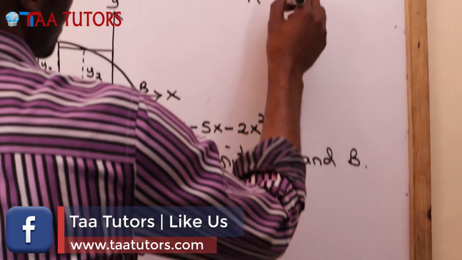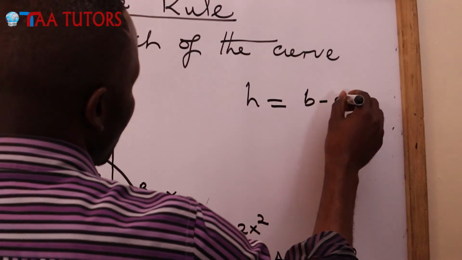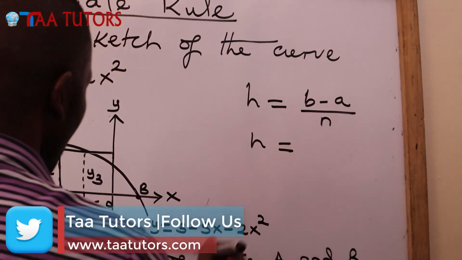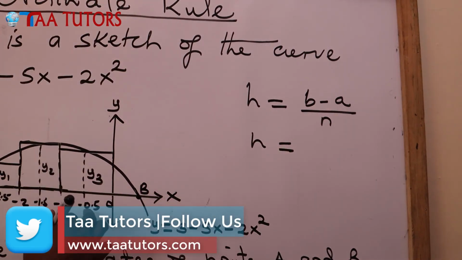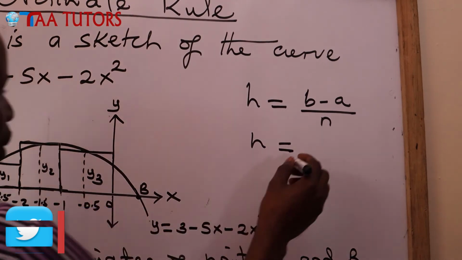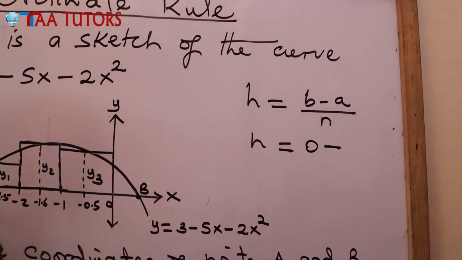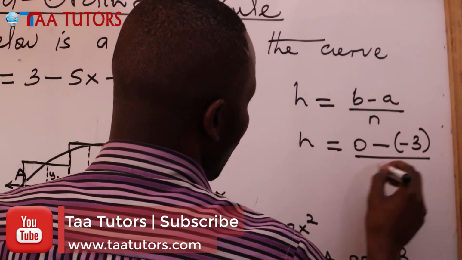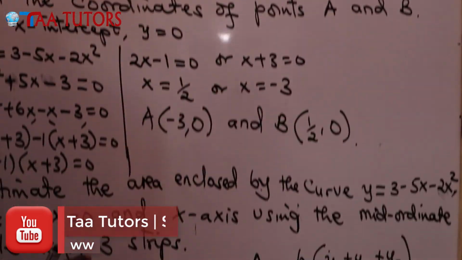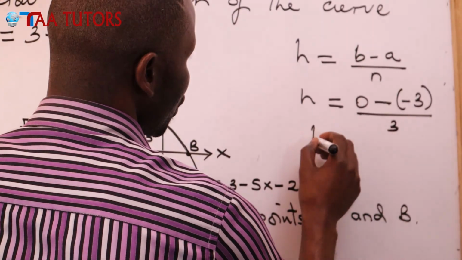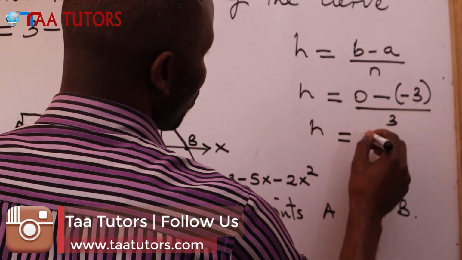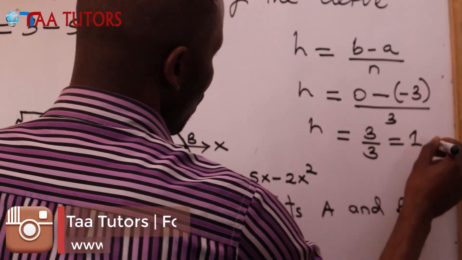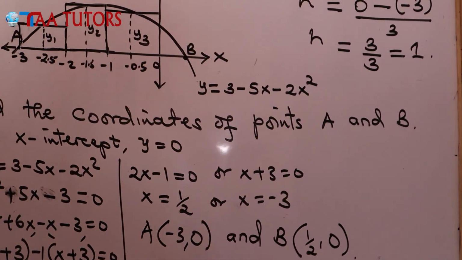We said h equals (b minus a) over n. b is the bigger value, which is 0, and the smaller value is negative 3. So 0 minus negative 3 over n, and n here is 3 strips. So 0 plus 3, which is 3 over 3 equals 1. So the value of h there is 1.